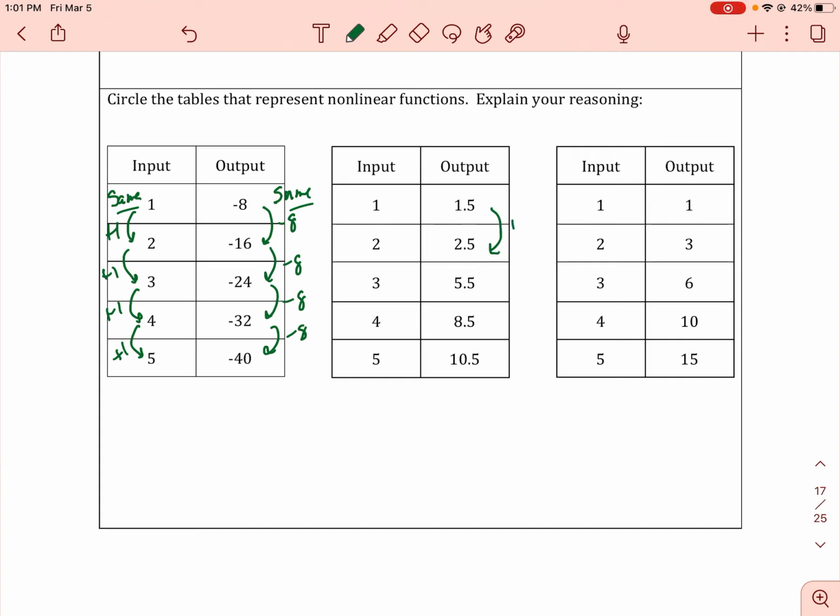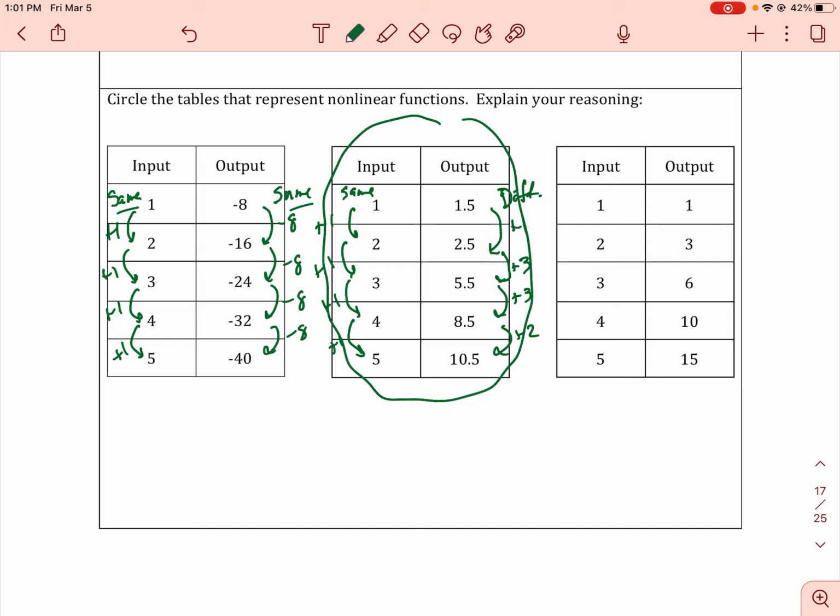This is going up by 1, up by 3, up by 3, up by 2. Now these are different. That doesn't mean that this is nonlinear because we have to check both sides. If both sides go up different, there's a chance that they could still be linear, but since this side is doing the same thing and this side is doing different, this one is definitely nonlinear.